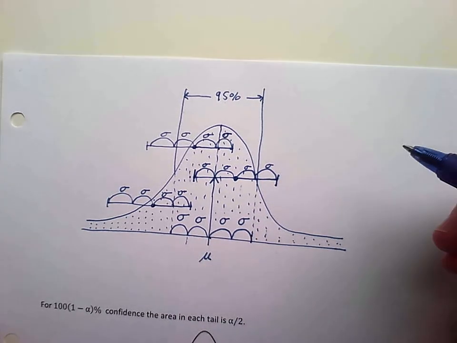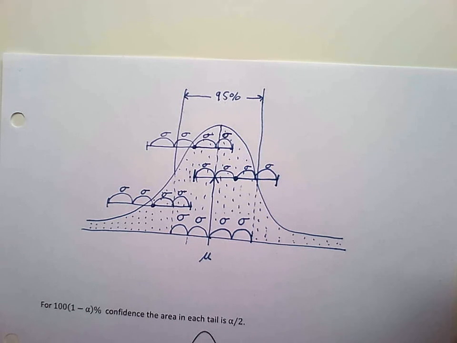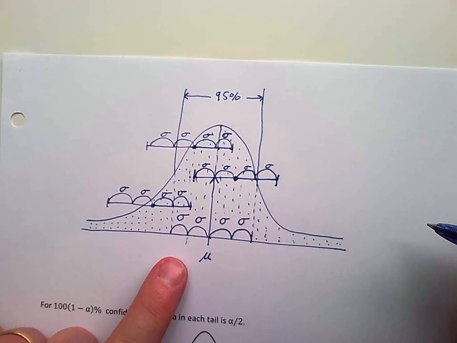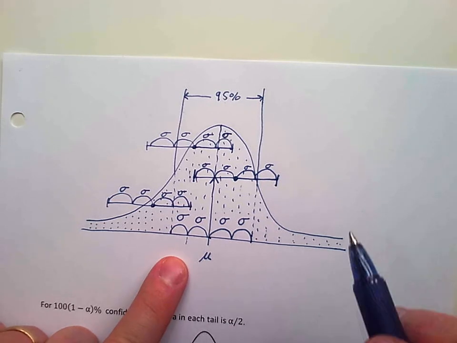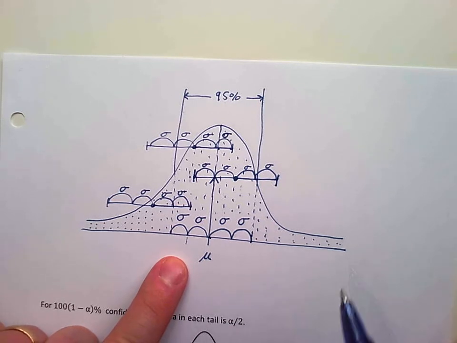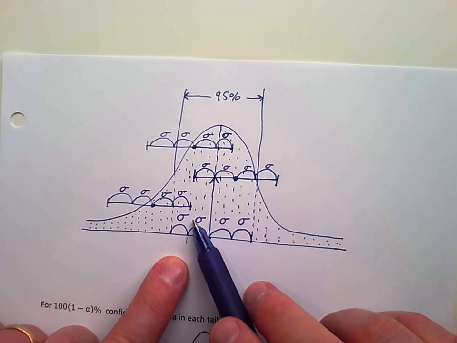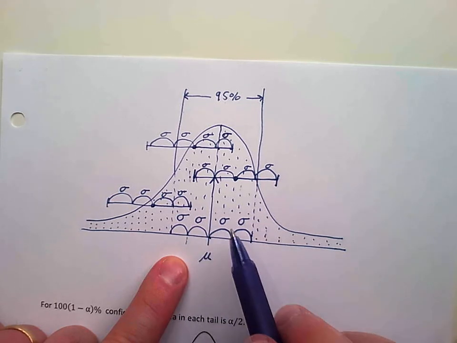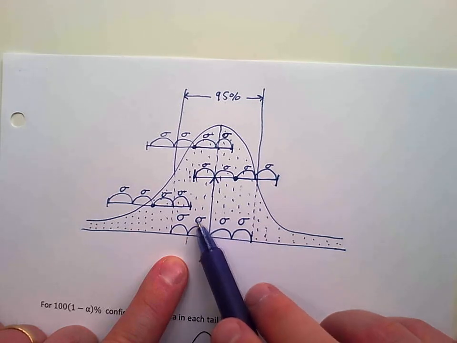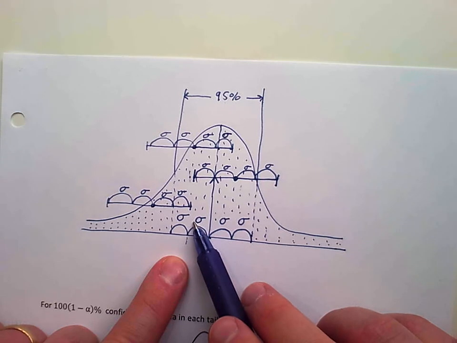And therefore, if I asked you this, I'm going to say, hey, I'm going to pick one of these dots in here, and I'm not going to tell you which dot it is. But the dot that I pick, to the right of it, I'm going to add 2 sigma to it, and to the left, I'm going to subtract 2 sigma from it.